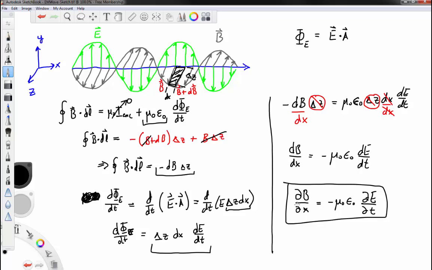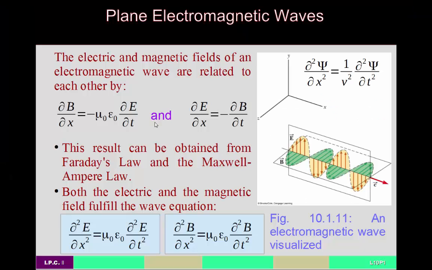When they're written in this form, it says that t need not be held constant for this, and x need not be held constant for this, and that's not something we necessarily want. Okay, so we have now derived these two equations on this set of notes.